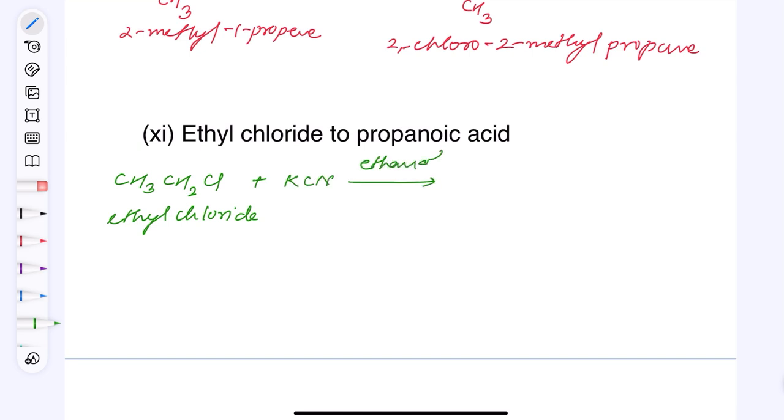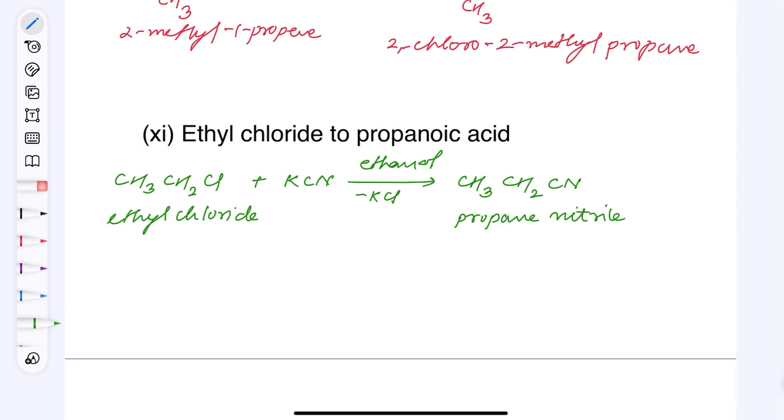Your KCl will be removed and CN will be added. So the product you will get would be CH3 CH2 CN, which is referred to as ethyl cyanide or propane nitrile.